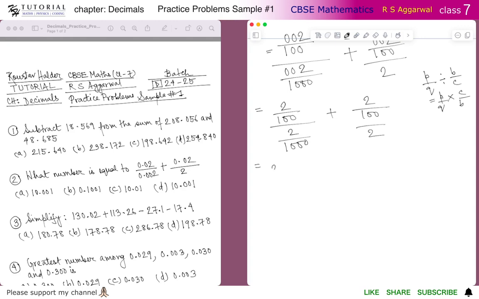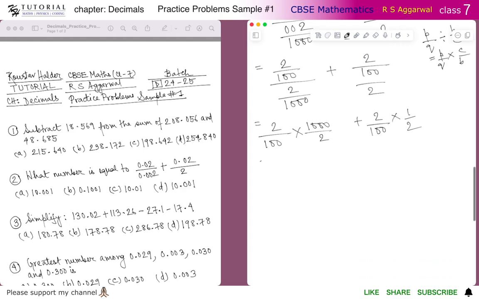So this becomes 2 by 100 multiplied by the reciprocal of 2 by 1000, that is 1000 by 2, and over here we have 2 by 100, 2 is 2 by 1, so the reciprocal of 2 by 1 is 1 by 2. So now you can cancel out: 100 cancels 1000 with 10, 2 gets cancelled, over here 2 gets cancelled, and this is 10 plus 1 by 100.